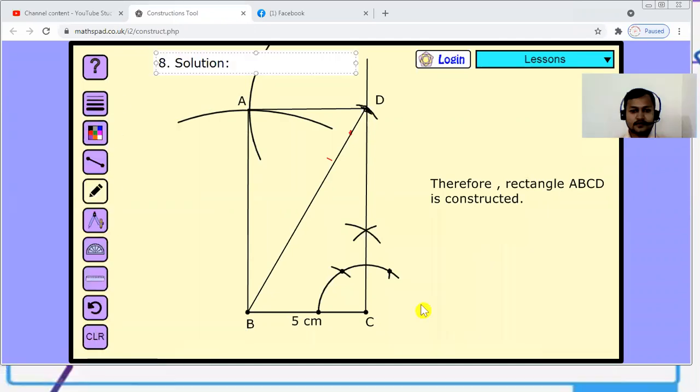Question number 8. So we solved the question in which it is said to draw a rectangle in which BC is 5 centimeter, BD is 10 centimeter, and angle 60 degree given to us, but we did not use that. The use गरेनौँ यहाँ 90 degree draw गरेर बनिहाल्यो. That was not necessary to draw here 60 degree.